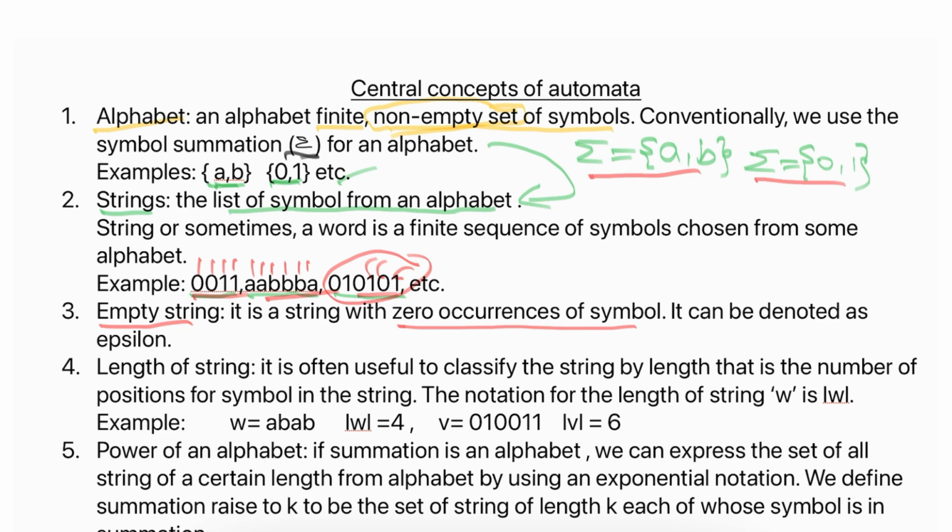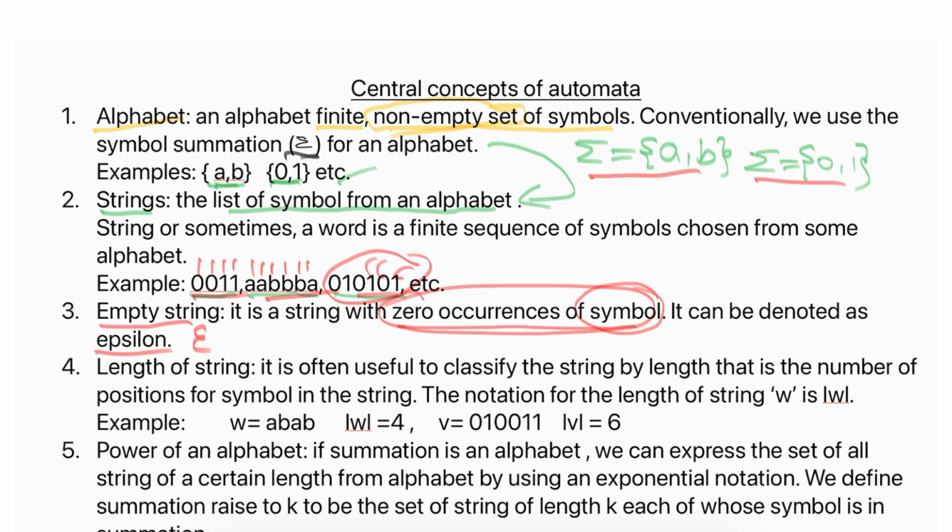The empty string does not have any symbol, and it can be denoted with epsilon. This is the indication of epsilon.